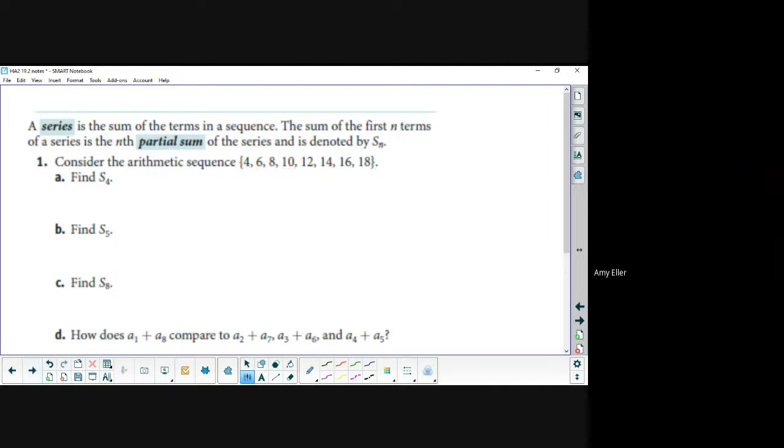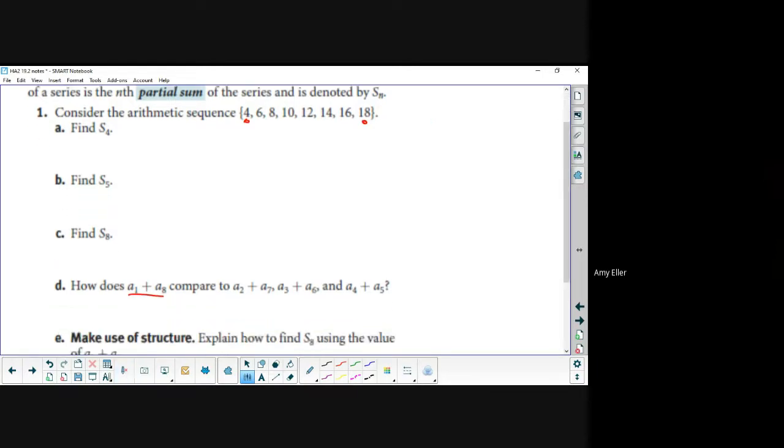D is interesting. It says, how does A sub 1 plus A sub 8 compare? So here's A, not S. The first term added to the 8th term. Here's the first term. If I add it to the 8th term, 4 and 18, it's 22. How about the 2nd and the 7th term?